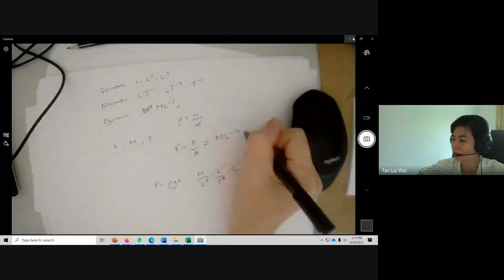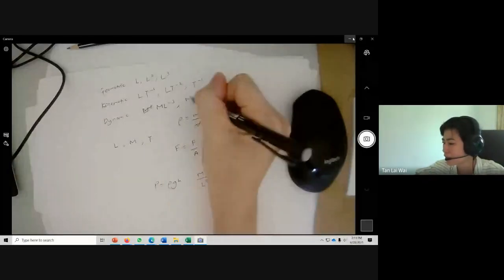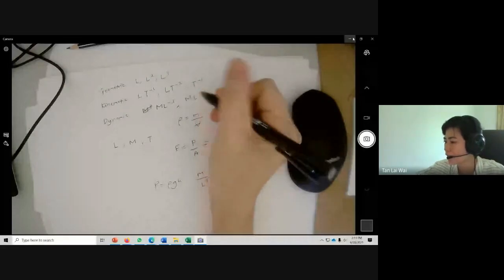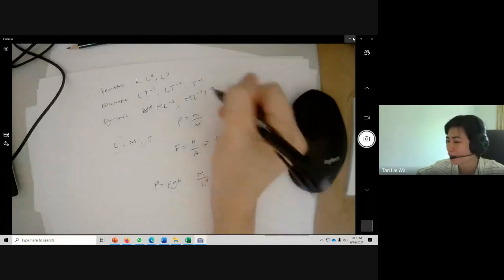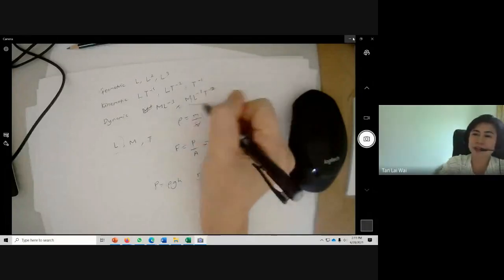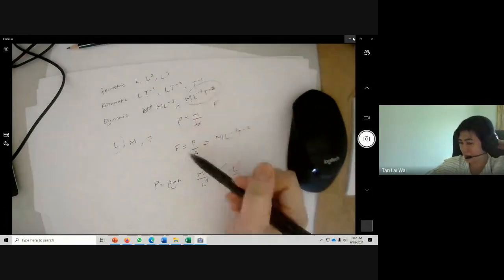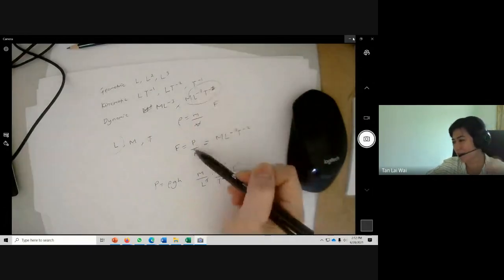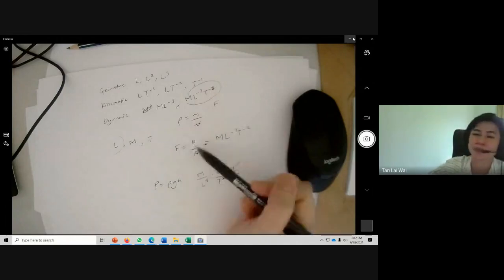So this is a force. Sometimes they'll just use F. I hope you realize that. Sometimes it's easier to remember the formula, and then you can come up with the unit, basically.